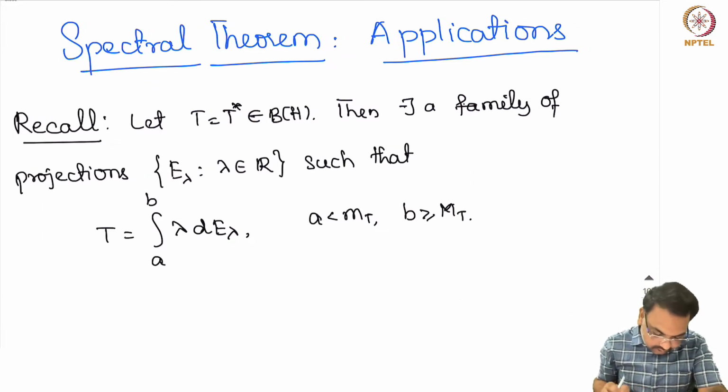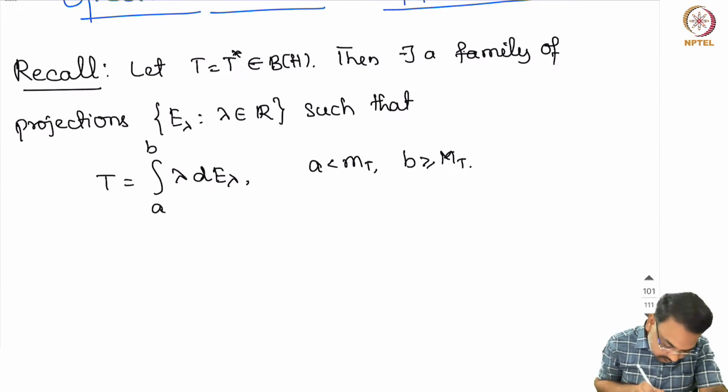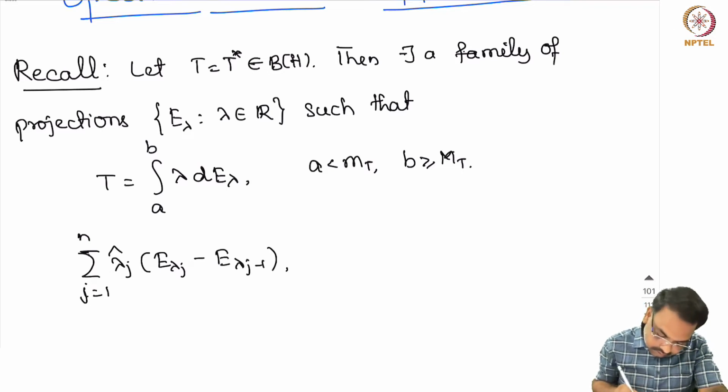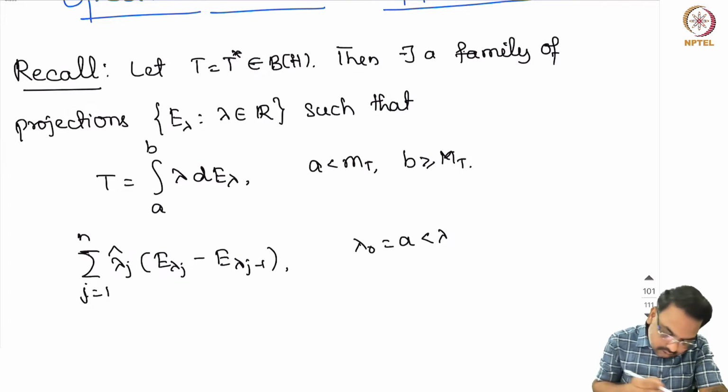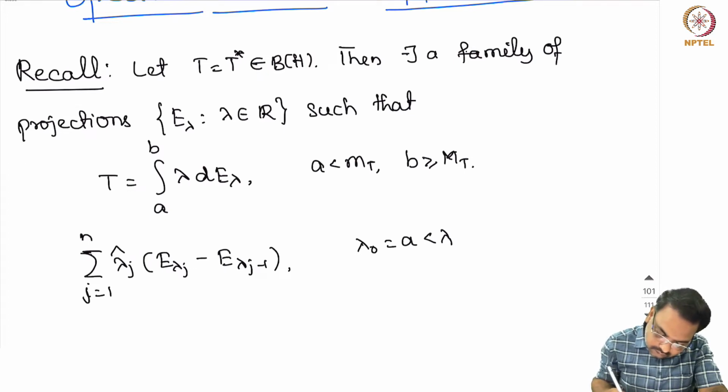And we have seen the meaning of this is nothing but T can be approximated by Riemann sums of the form summation j equal to 1 to n of lambda j hat times (E lambda j minus E lambda j minus 1), where lambda 0 equal to a is less than lambda 1 less than or equal to lambda 2, and so on, lambda n equal to b.